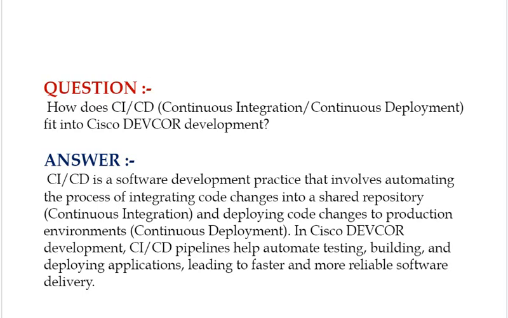Our next interview question is: how does CI/CD, that is continuous integration and continuous deployment, fit into Cisco DevCore development? Your answer should be: CI/CD is a software development practice that involves automating the process of integrating code changes into a shared repository, that is continuous integration, and deploying code changes to production environments, that is continuous deployment.